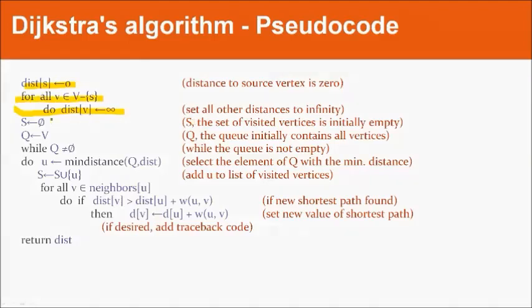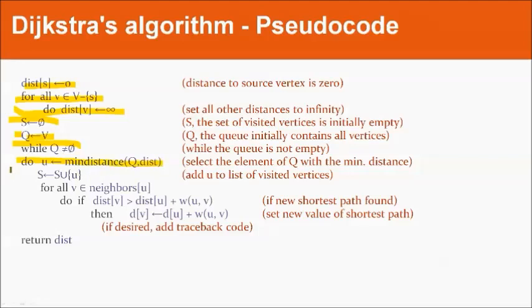S, the set of visited vertices, is initially empty. Next, Q initially contains all the vertices. While Q is not empty, select the element of Q with the minimum distance. That's the meaning of this pseudocode.